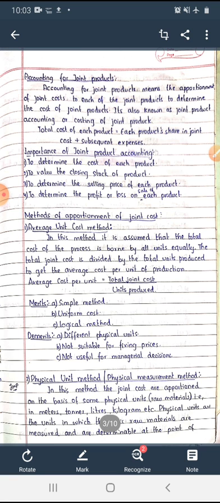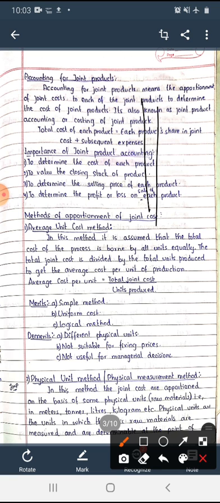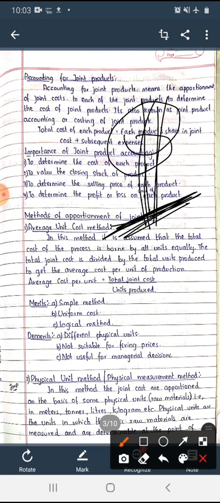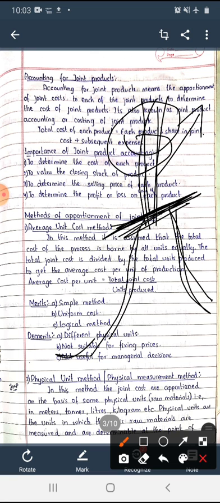Joint cost is the cost incurred till the separation point, while they are produced together. After this they are processed separately, and the cost of each process and each product is different. So this is the joint cost, and this is the subsequent cost.